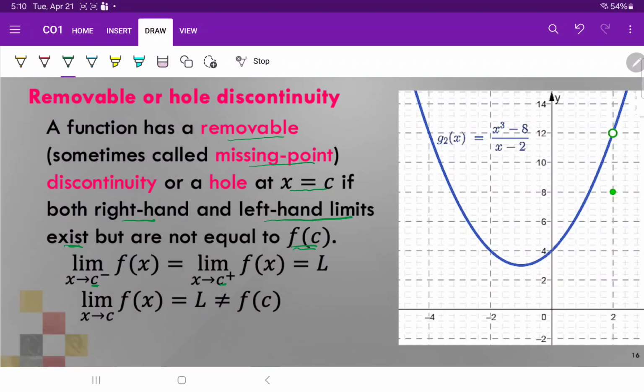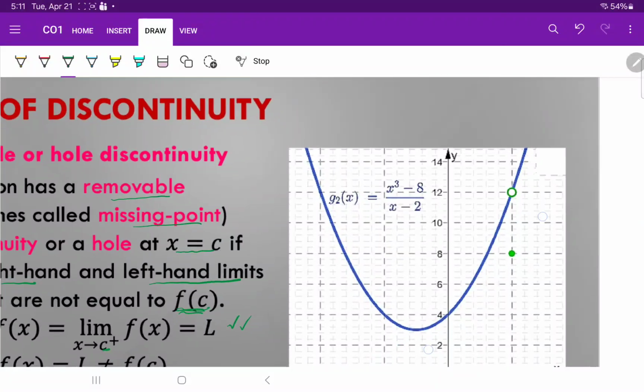Again, a function has a removable discontinuity, a hole, or a missing point if the right hand limit and the left hand limit exist and are equal, but not equal to f of c. Look at this one. The limit coming from the right and left are both equal to L, so the two-sided limit exists and is equal to L. But L is not equal to f of c.